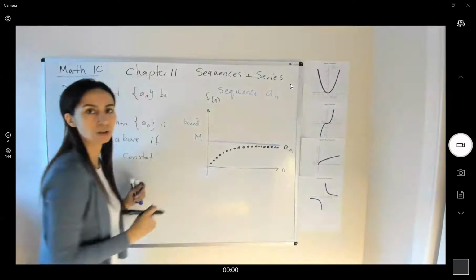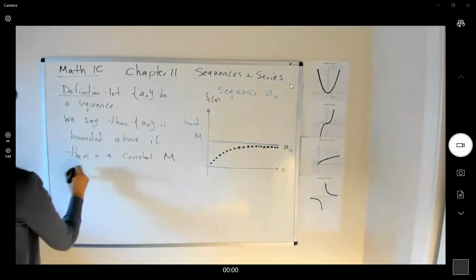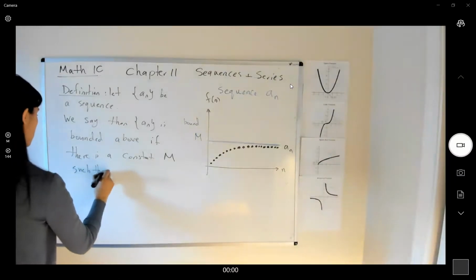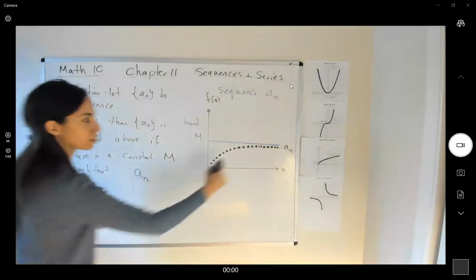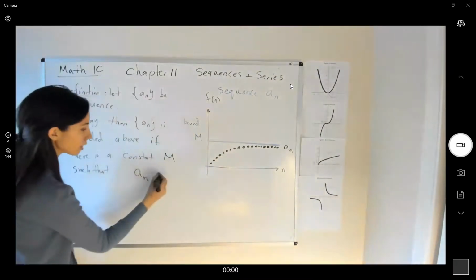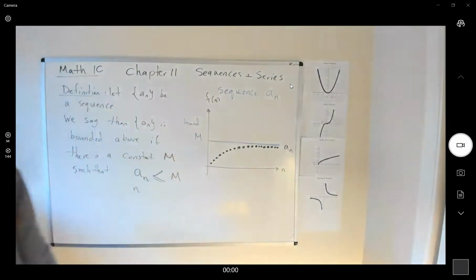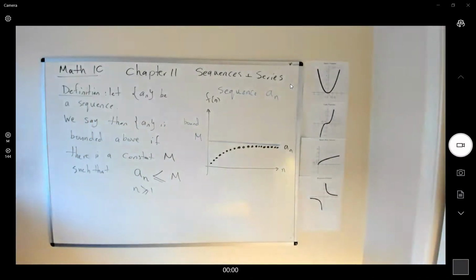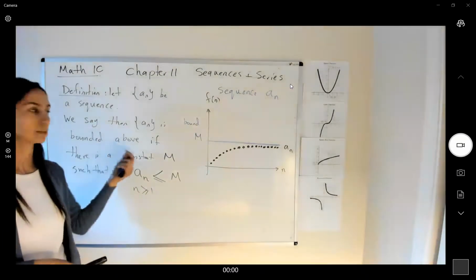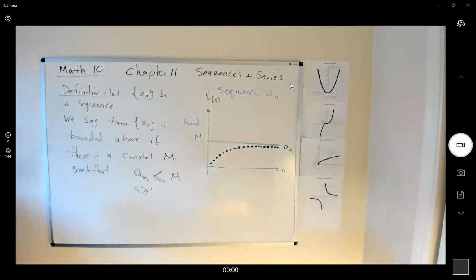It helps to visualize this better. A constant like M, such that the terms of the sequence are less than or equal to M when n is greater than or equal to 1. With the general argument, we can define a sequence that is bounded below. So that was bounded above.